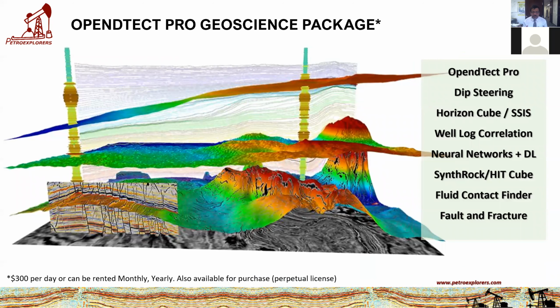For most of the workflows within OpenDetect, you can go with what is called the geoscience package. The geoscience package can be rented out on a daily basis. Most of the time you use the free area to prepare your data, and then if there are certain applications you want to use, you can have it for a week and run through many of the attributes.